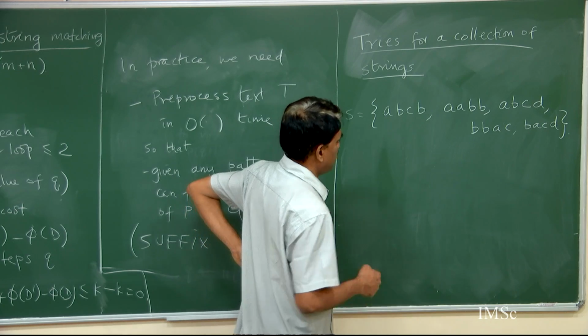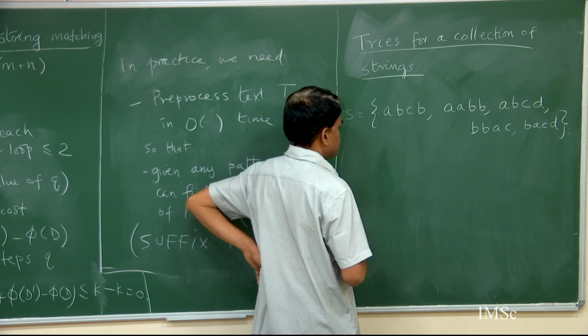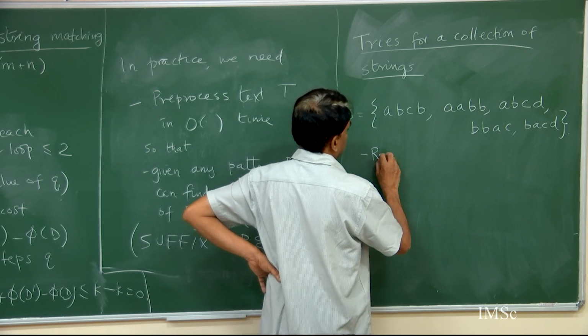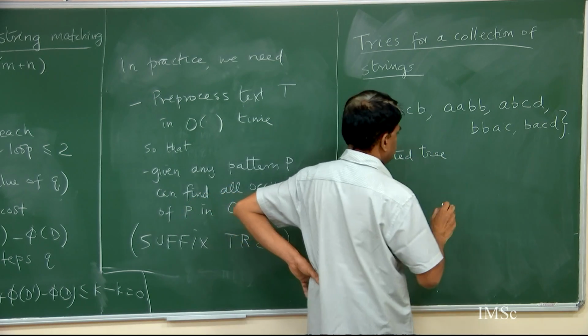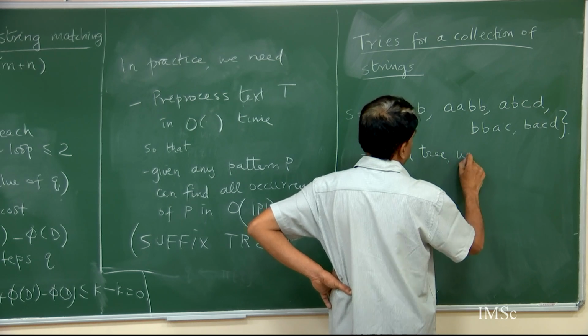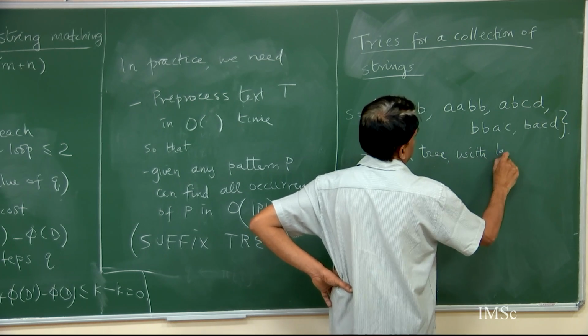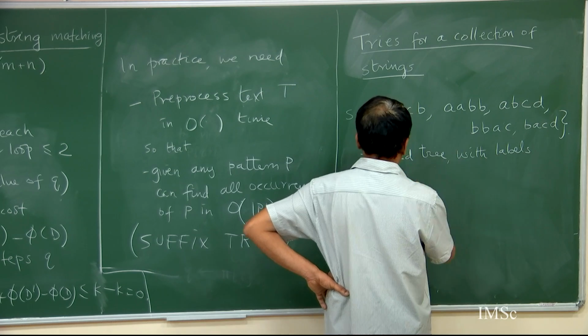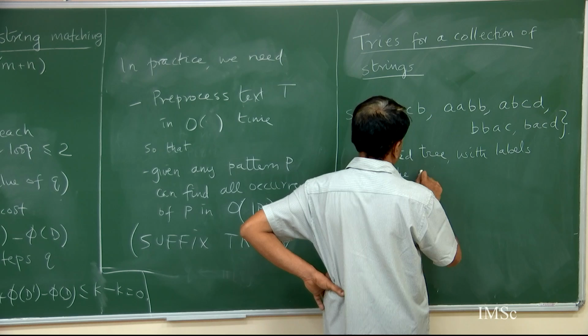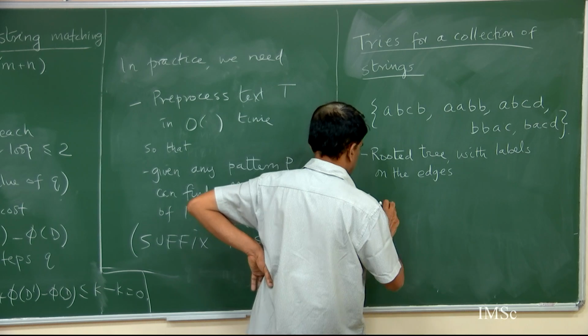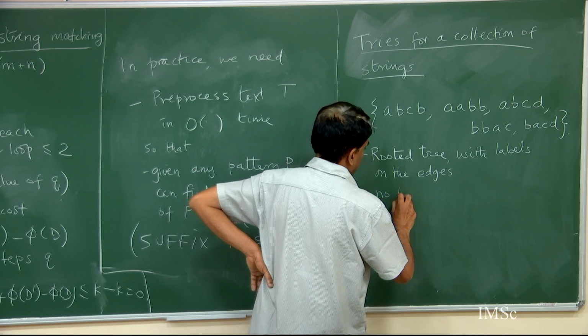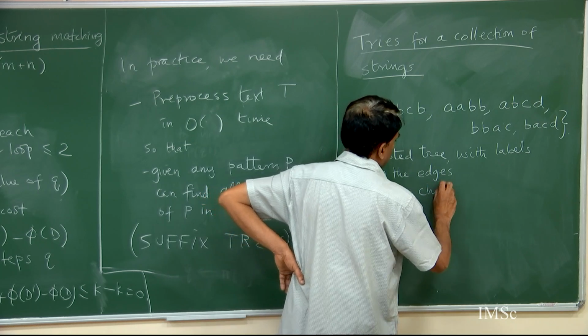So what is a trie? It's a rooted tree with labels on the edges, where no two children of a node have the same label.